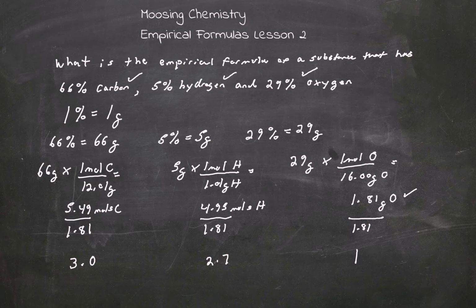It's not like it's 2.5 or 2.4, so we're going to approximate that to be 3. So this means the formula is going to be C3H3O. And that's going to give us our chemical compound.